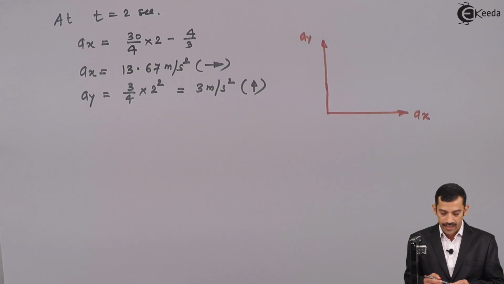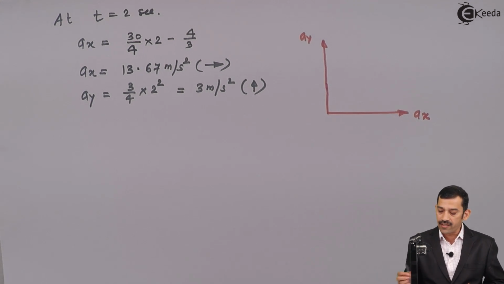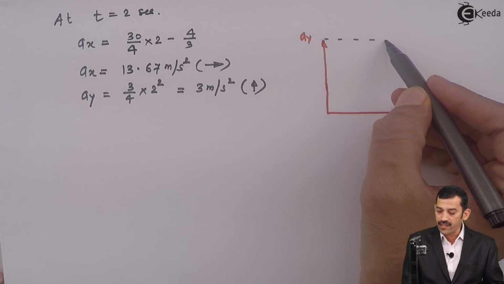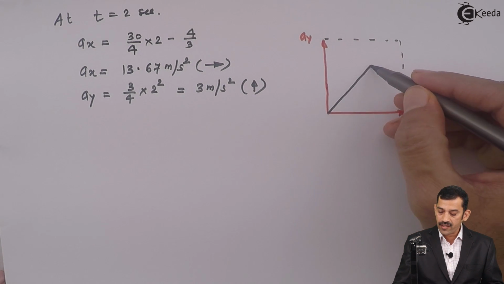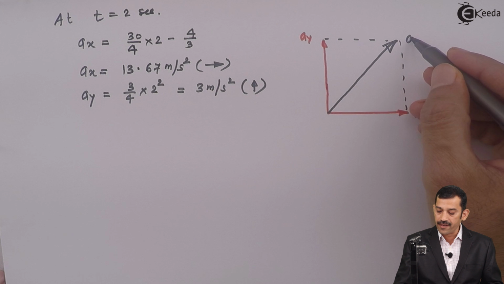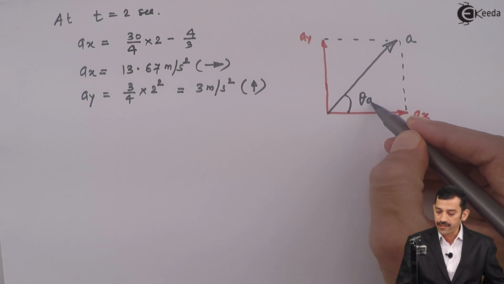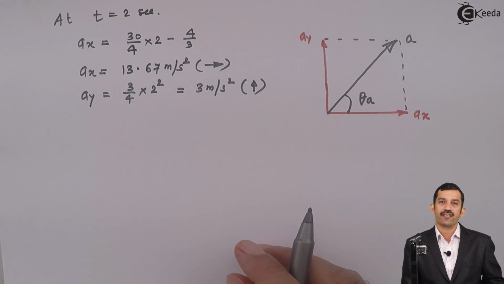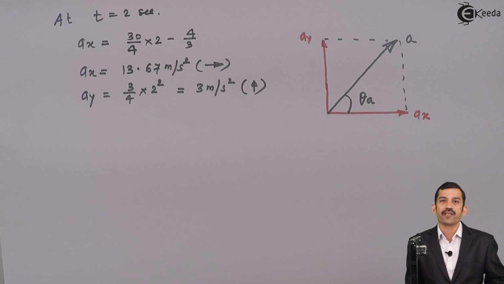Now using Ax and Ay, applying Pythagoras theorem, you will get the resultant acceleration. That resultant acceleration is in the first quadrant. This is resultant acceleration A, and the inclination of acceleration I will write as theta suffix A, where suffix A stands for acceleration. Theta A represents what? Inclination of resultant acceleration with the horizontal.